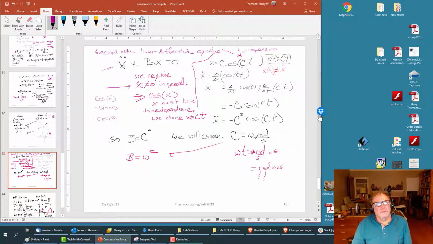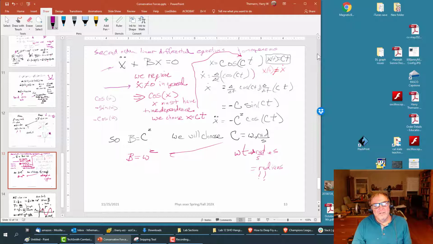The x dot is the time derivative of x of t, the first time derivative, or the first delta x over delta t. So anyways, now we say that x is equal to cosine of c times time, so there's a time dependence inside cos. That means that if I want to know the change in cos over a time interval, I have to do the chain rule again because there's a time dependence inside the parentheses. So I first take the derivative of cosine itself, and then I multiply it times the change of the inside over t.